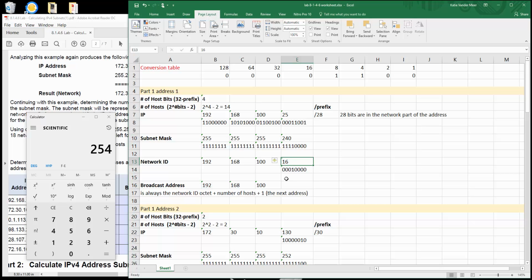So 16 plus 14 is 30 plus 1, because I want to use the next address, which would be my next ID.